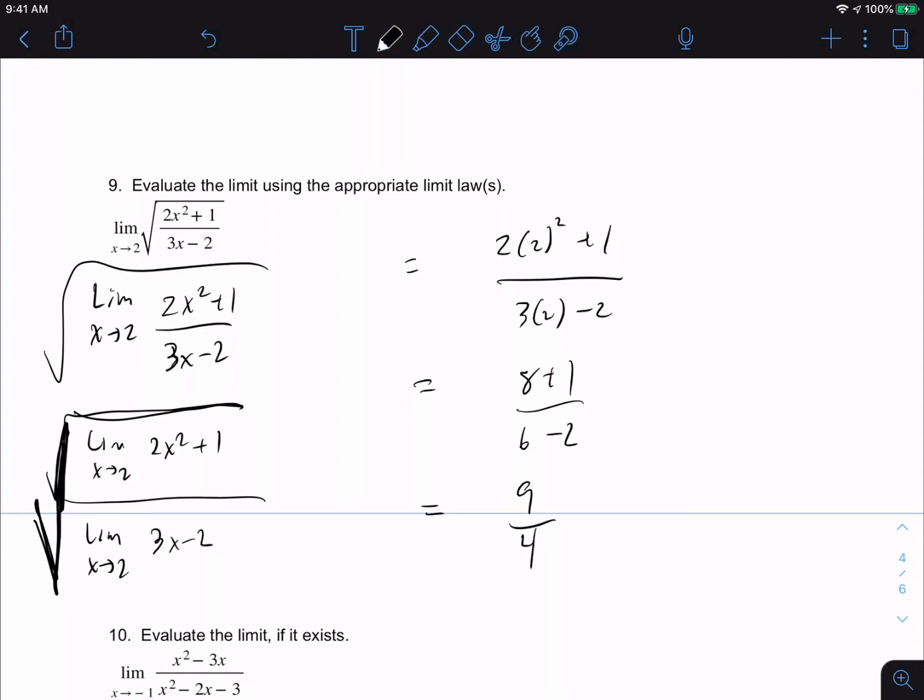So would we lose points if we just went straight to substitution? I'm asking you to use the limit laws. So yeah. That's why, when I give my directions for my exams, I'm specific. Does that make sense? That's why on that one problem, I said f of a.